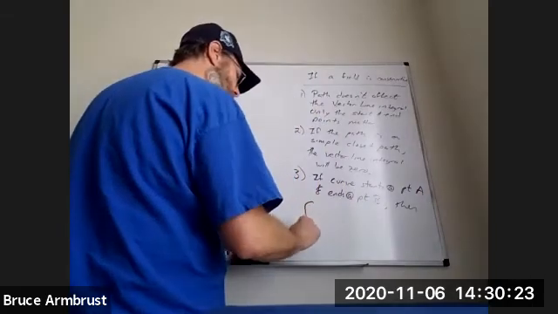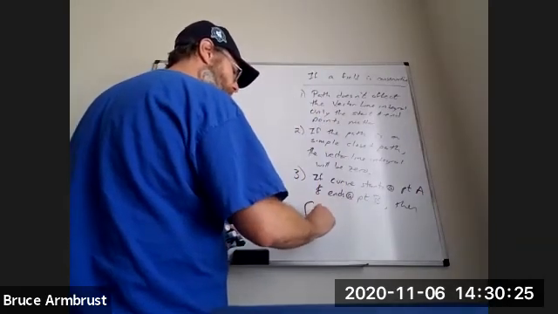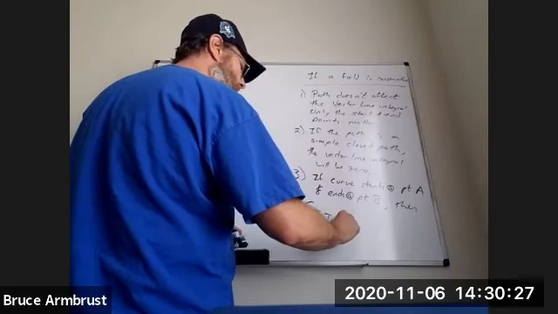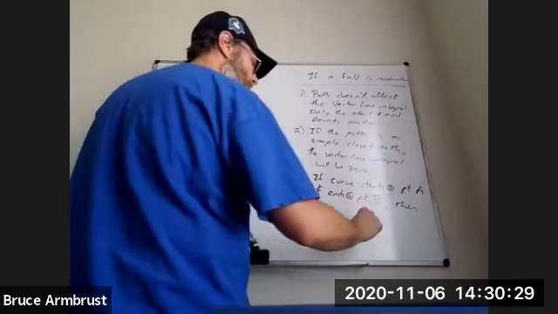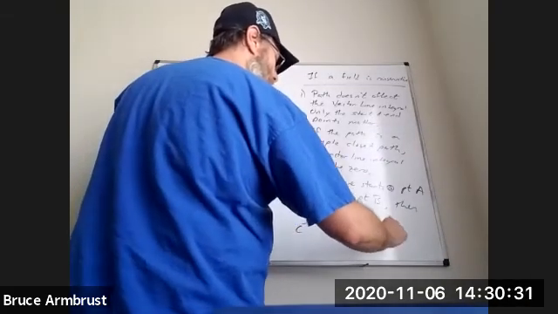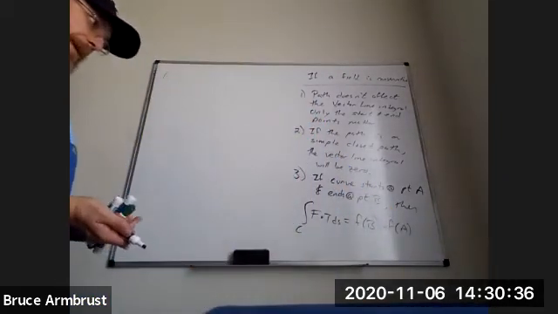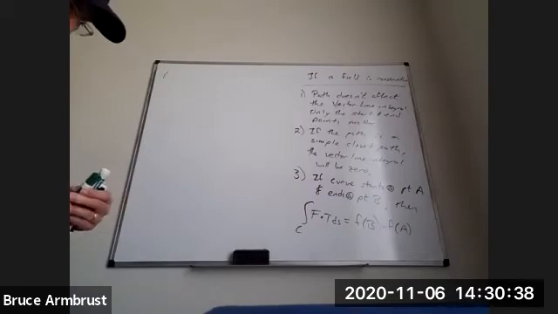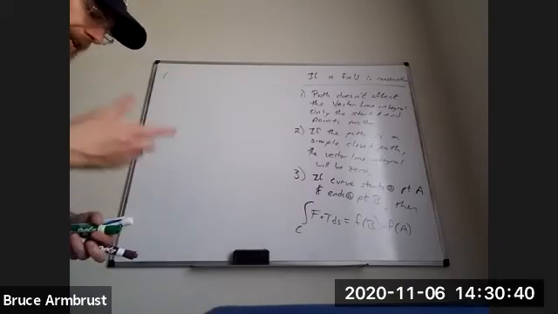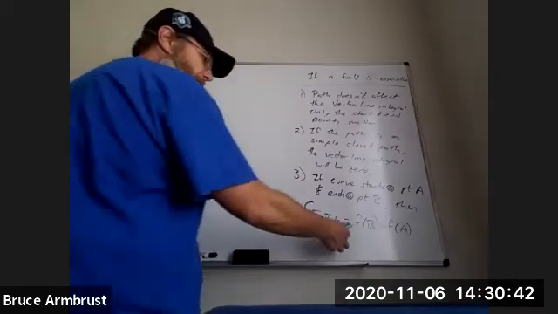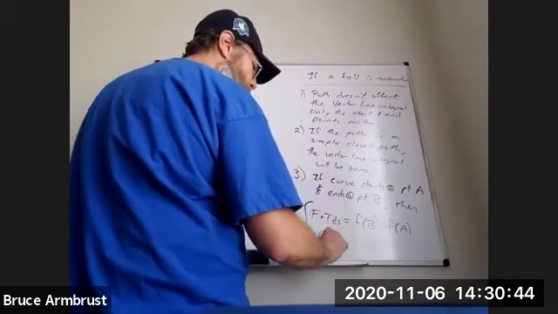Then the integral over this curve of f dotted with T ds is equal to f of B minus f of A, where B and A are the starting and ending points, and this little guy f is the potential function.